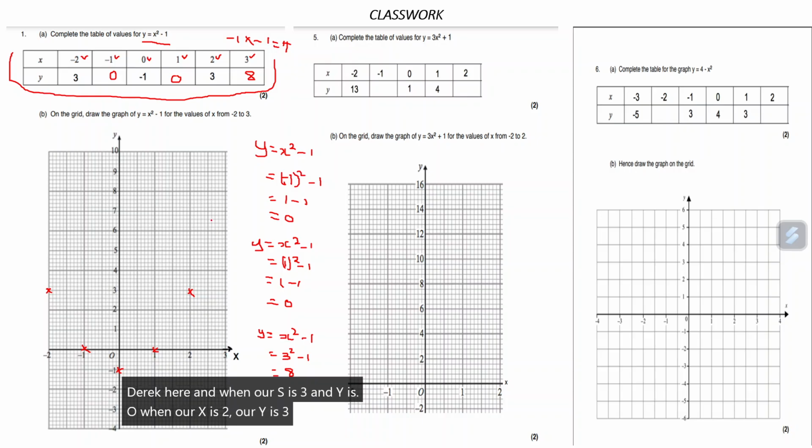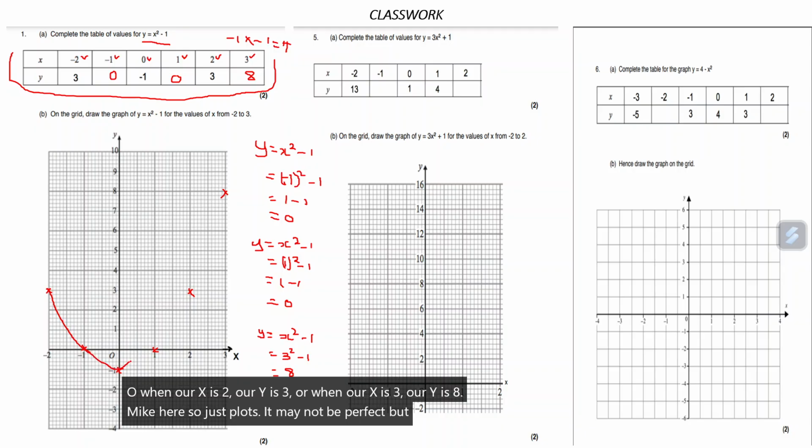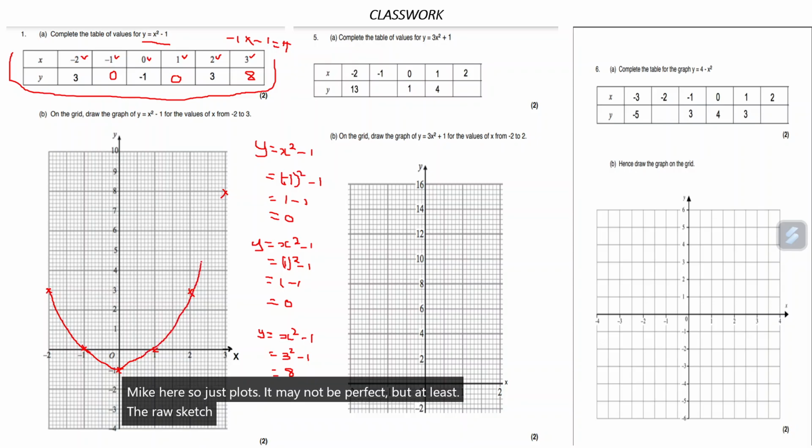And when our x is 3 and y is 8, mark here. So just plot. It may not be perfect, but at least it'll be a rough sketch. This will give you something like the U shape. You can see the way it is.